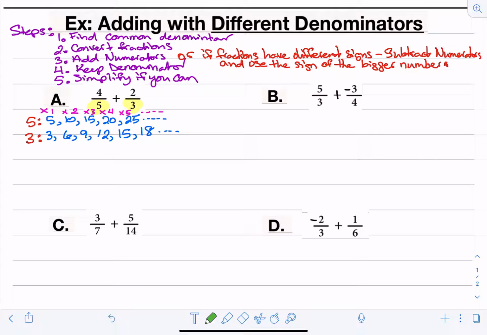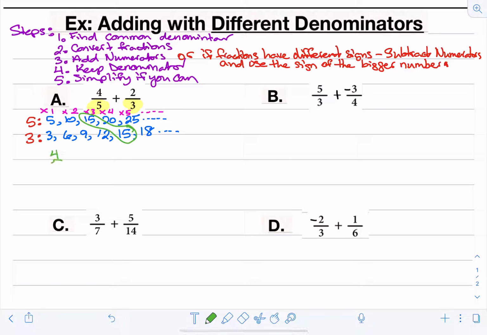Does 3 go into 15? Well, the next number is 9, but if we look ahead, we'll notice that yes, 3 goes into 15 5 times. So that's the smallest number that they both have in common that they go into. All right. Now, once we know that, we have to move to step 2 and convert our fractions.